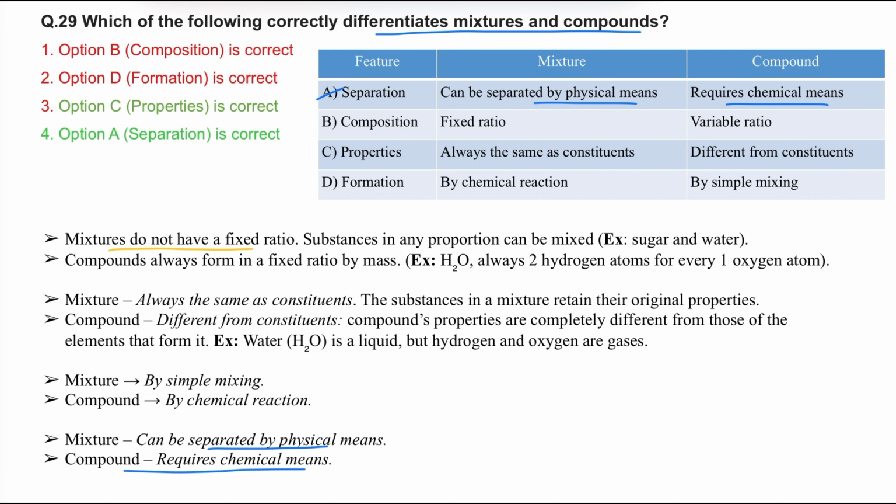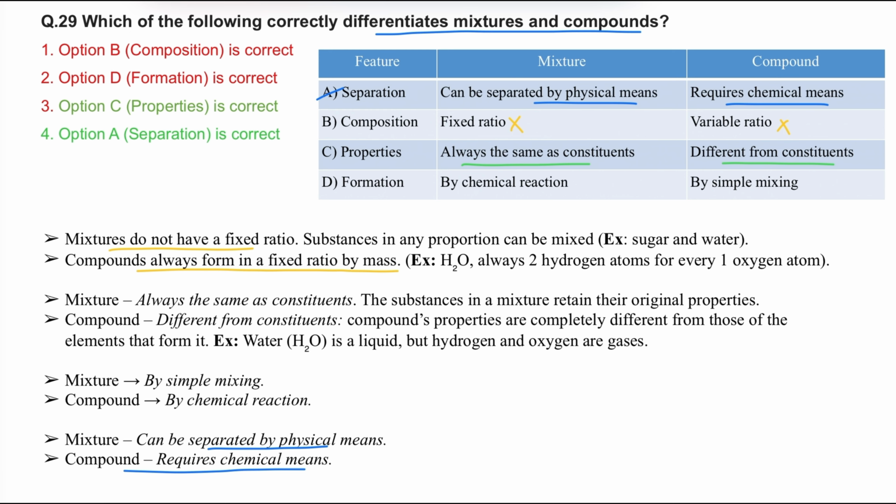Mixtures do not have fixed ratio, so feature B is incorrect, whereas compounds always form in a fixed ratio by mass. Example, H2O. In H2O, always two hydrogen atoms for every one oxygen atom. So feature B is incorrect. Feature C. Properties of mixture always same as constituents, so it is correct. For a compound, properties are different from constituents.